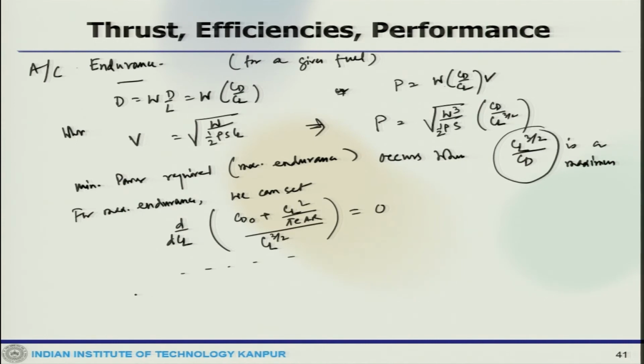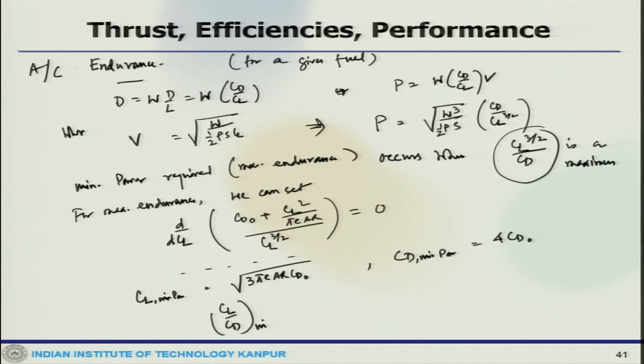And what we will find from here is that C_L for minimum power is root over 3 pi E AR C_D0, and C_D for minimum power would be 4 C_D0. C_L by C_D for minimum power would be root over 3 pi E AR by 16 C_D0.